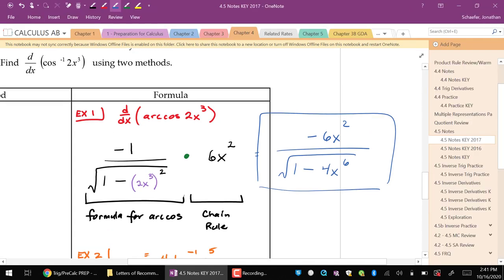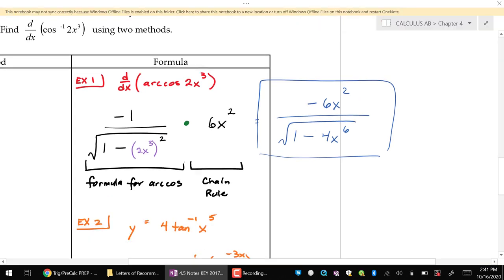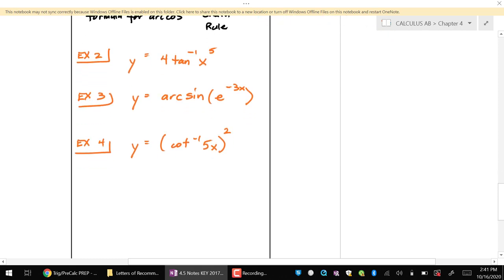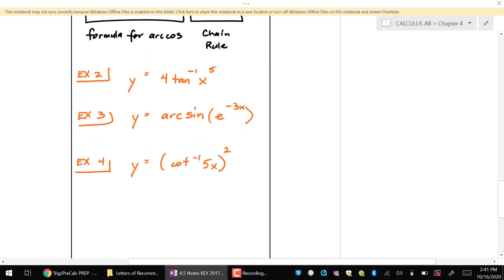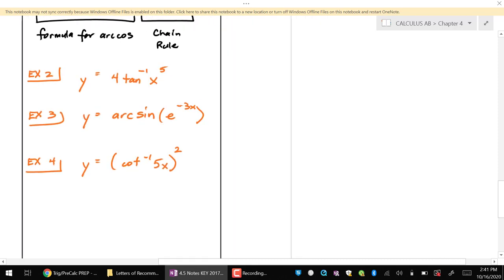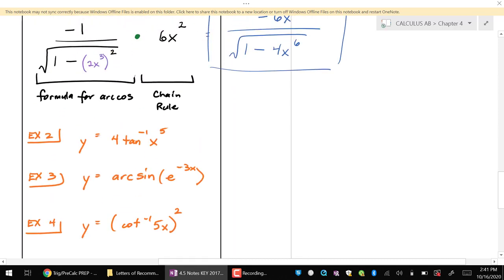So a couple more examples. 3 more to be precise. Here they are. Feel free to pause the video and try these on your own and see if you can get them right. The first one is inverse tangent. Let's try to find the derivative of inverse tangent. So dy dx. My formula for inverse tangent is going to be, oh, there's a 4 multiplier out there, so we'll put the 4 out in front first.